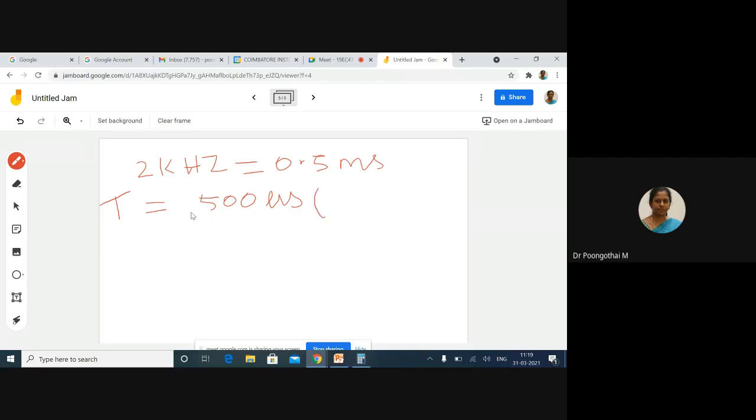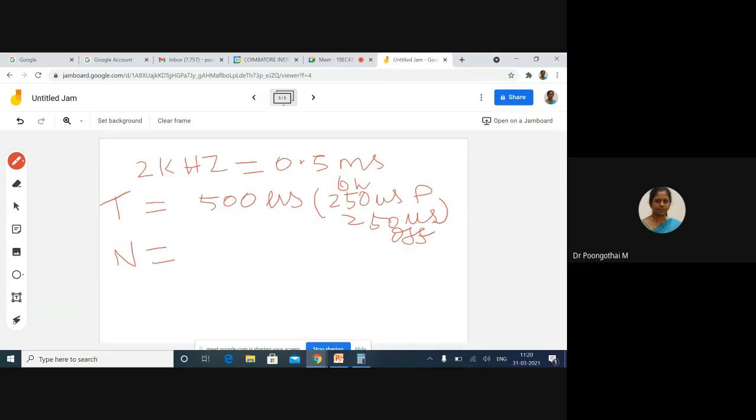Since the square wave is involved, it is divided into 250 microseconds plus 250 microseconds, on time and off time. Okay, so how do you calculate this n value? Now the time period is calculated.